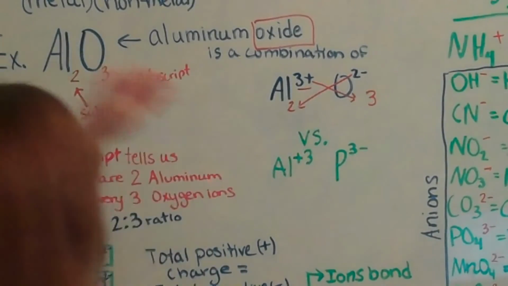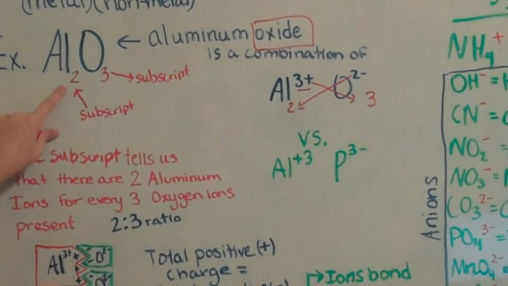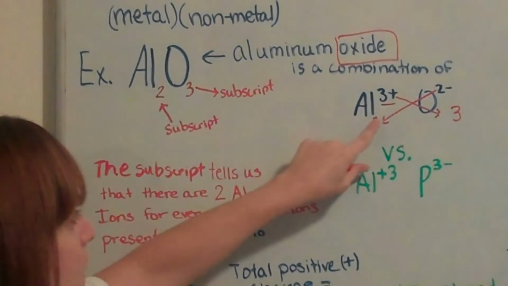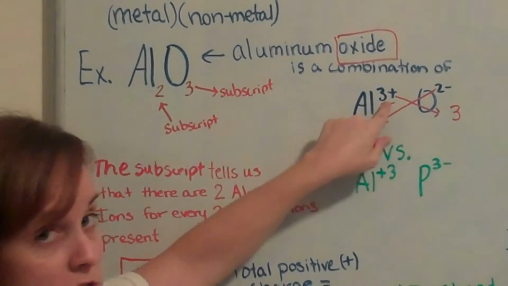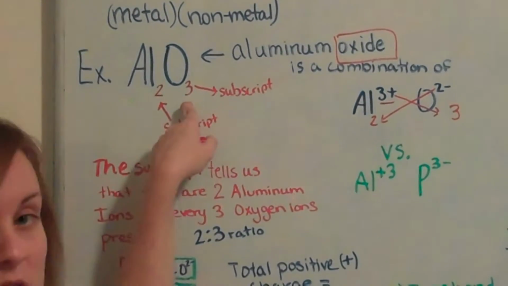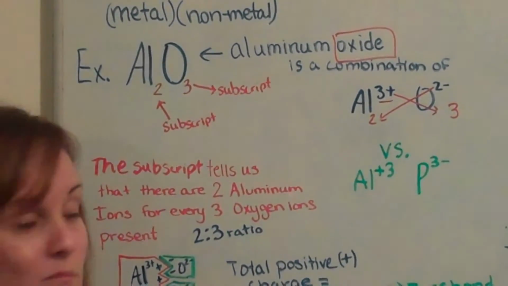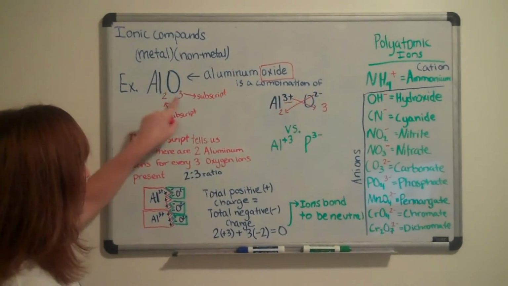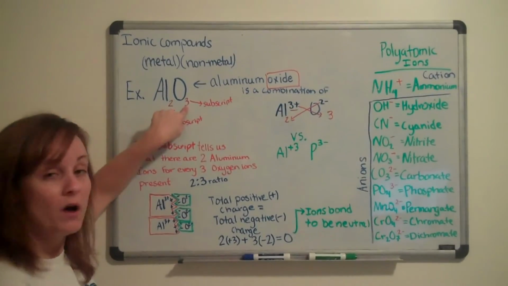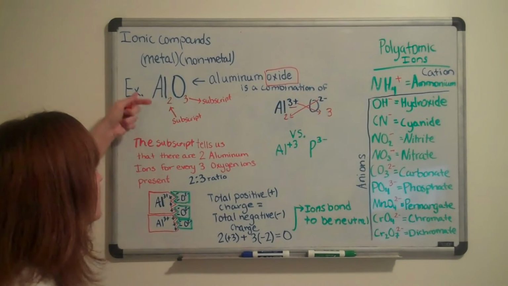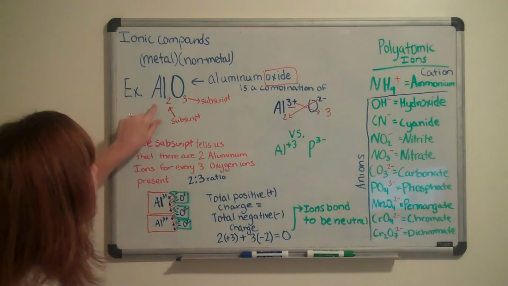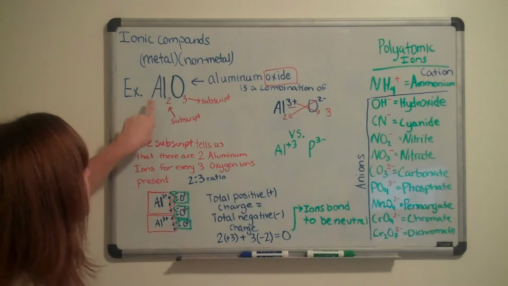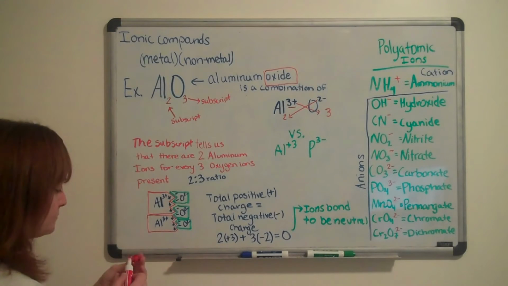You see that the number for oxygen is the subscript on aluminum, and the charge on aluminum is the subscript for the oxygen, without the plus and the minus sign. When I say subscript, I'm just talking about these numbers down here on the bottom, and those numbers represent the number of ions of each ion or element that's present.